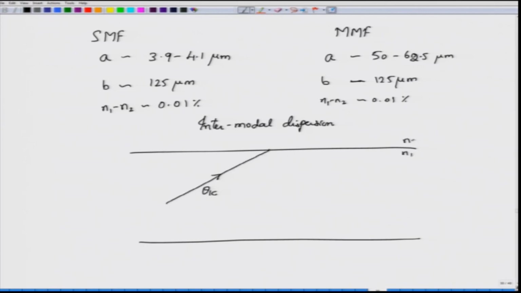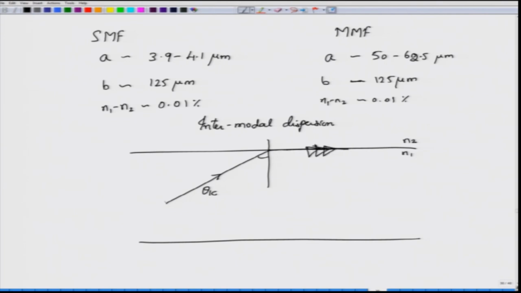This is core, this is cladding, I am only showing you the core cladding interface. So, light is incident at an angle theta 1 c, which is the angle made with respect to this normal, of course. Because the angle is at theta 1 c, the ray of light actually starts to propagate just along the core cladding surface.